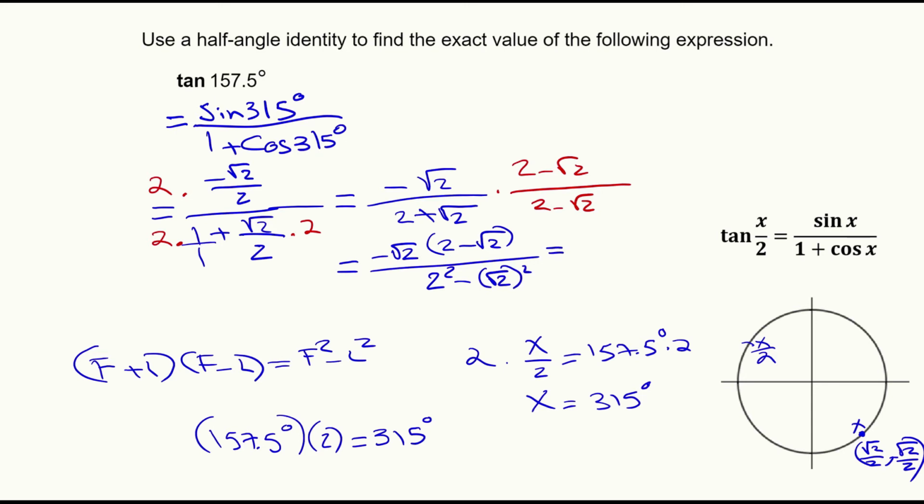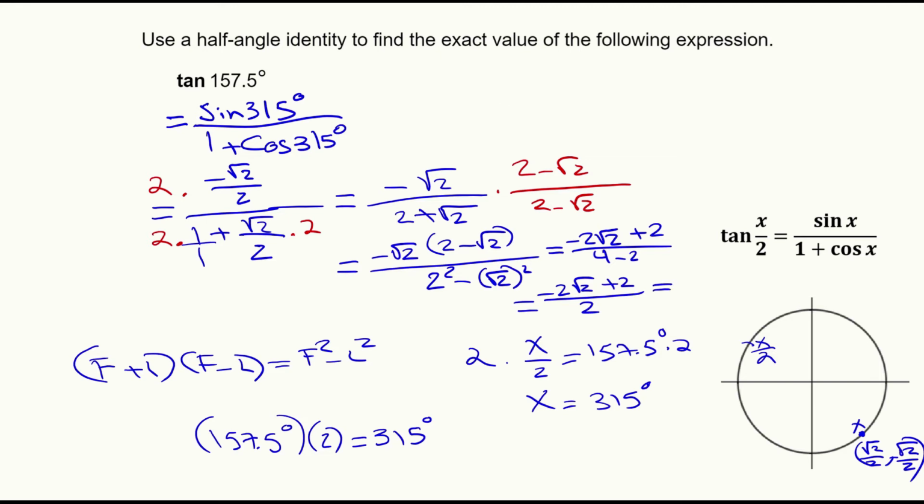So on the top, we go ahead and distribute negative radical 2. So we get negative 2 radical 2 plus 2 over 4 minus 2. So we have negative 2 radical 2 plus 2 over 2.